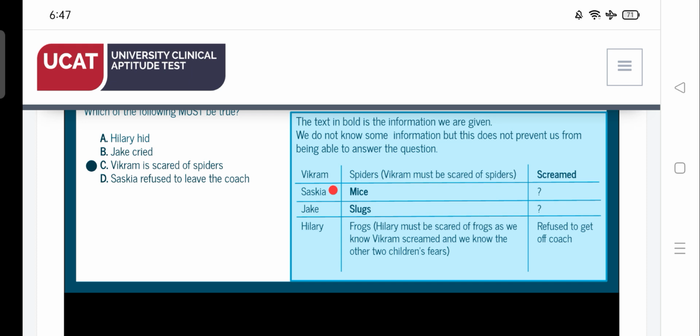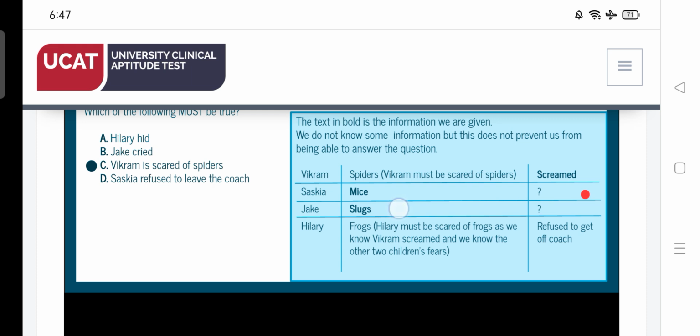Vikram, spiders. Vikram must be scared of spiders because he screamed. This is the information we have been given, not this one: that Vikram screamed. Saskia, mice. There isn't any mention of whether Saskia screamed or not.